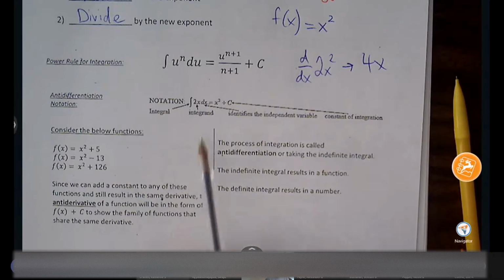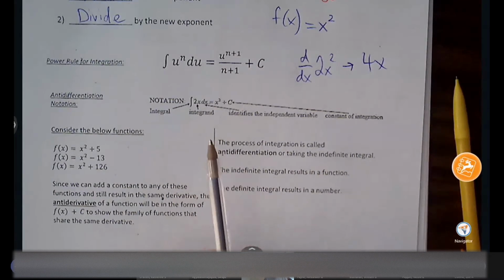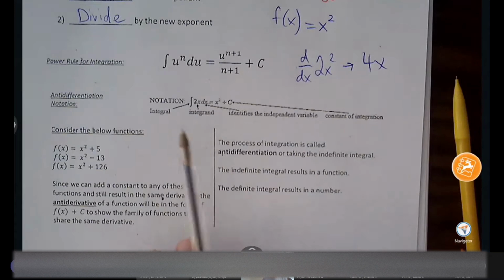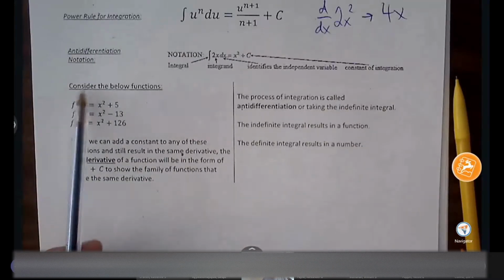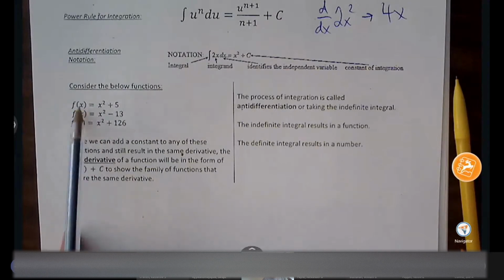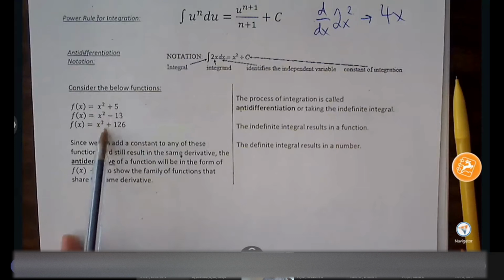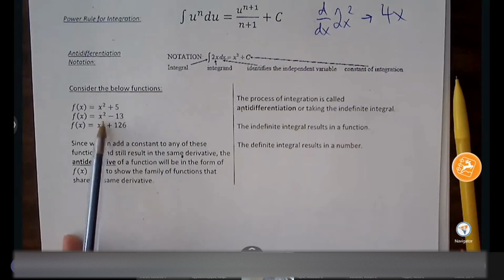Okay, so I want to talk about why there's a plus c each time we find the antiderivative that didn't show up when we took the derivative. Let's talk about that with this demonstration. We have 3 functions here: x squared plus 5, x squared minus 13, x squared plus 126.